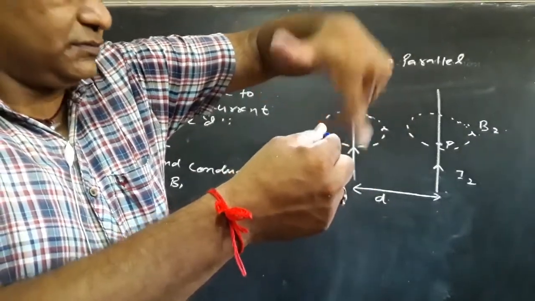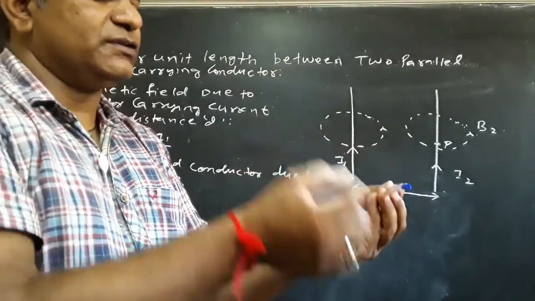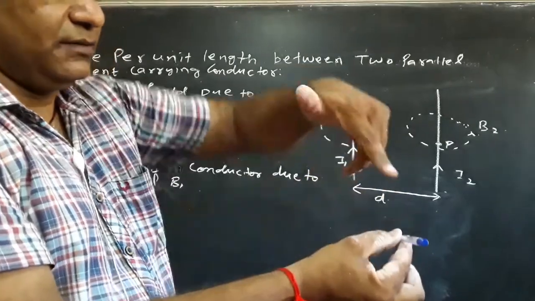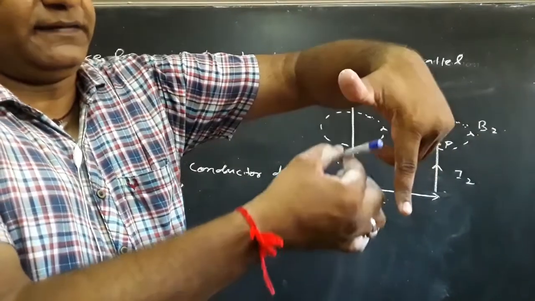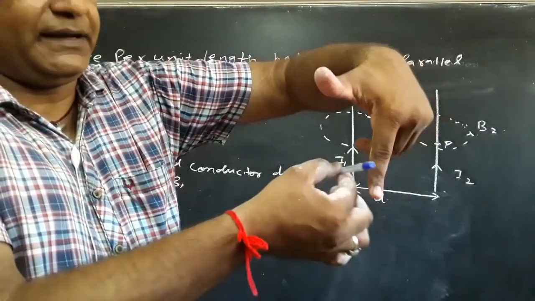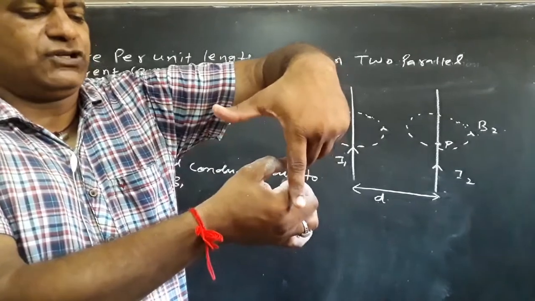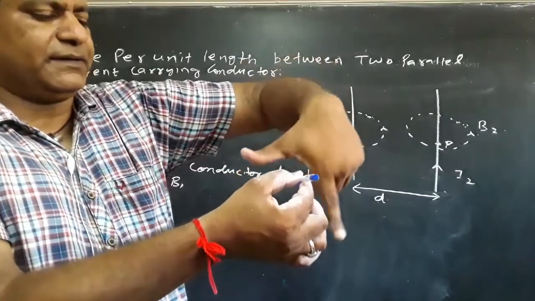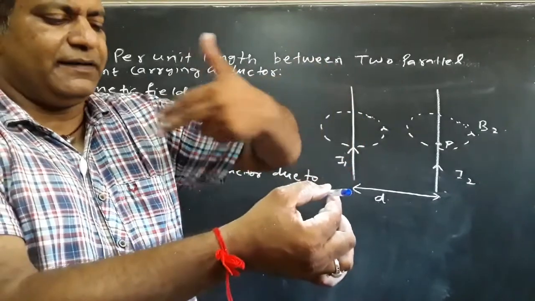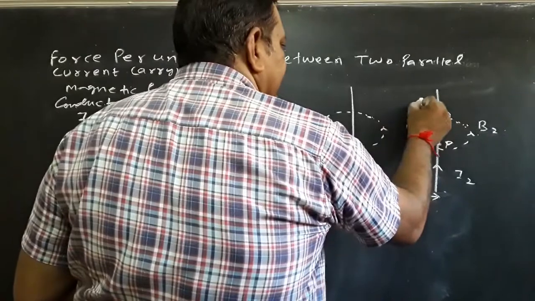Current I2 is flowing in this direction. So the magnetic field is downward, and this is the direction of force applied. So on the second conductor, the direction of force applied is like this. This is F2.